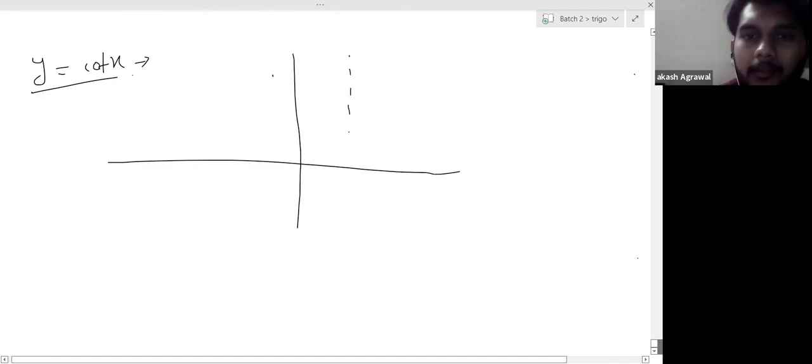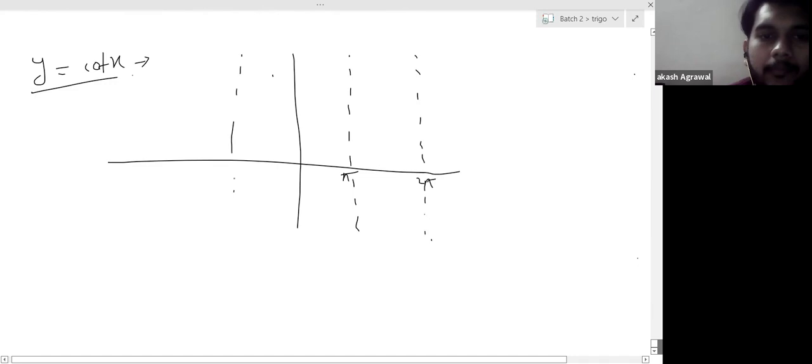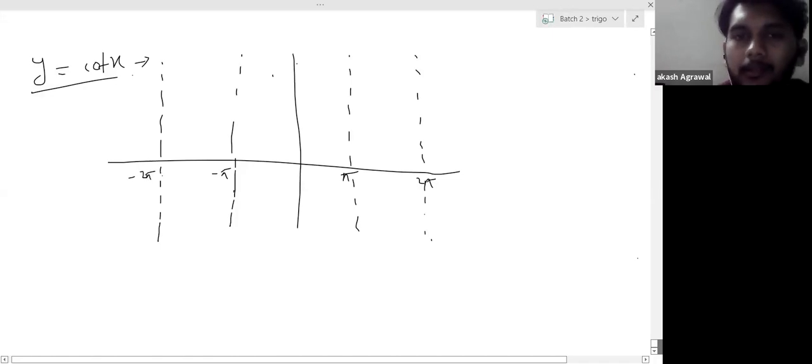Right here, dotted lines at multiples of pi. All right, this is infinite at 0, minus infinite at pi. This is pi by 2.